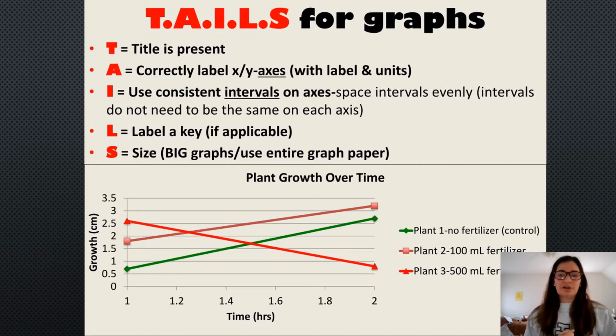When you are looking at your scale, every single tick mark needs to be the same value or the same interval. As we were talking about before, we have 1, 1.2, 1.4, 1.6. Those intervals are 0.2, 2/10 of an hour. So those need to be consistent.